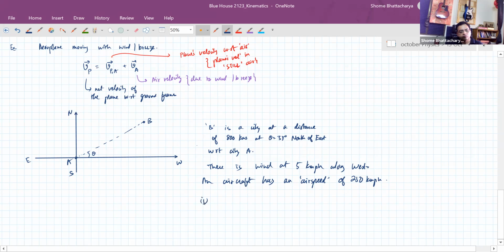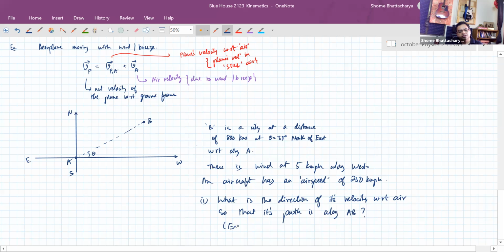So first of all, what is the direction of its velocity with respect to air, so that its path is along AB? So here you express it as an angle with respect to the line AB.